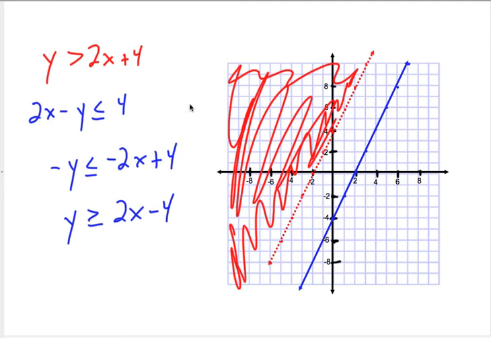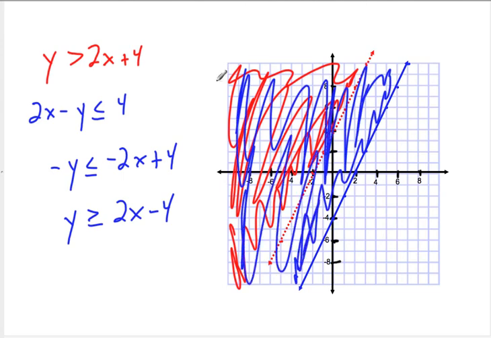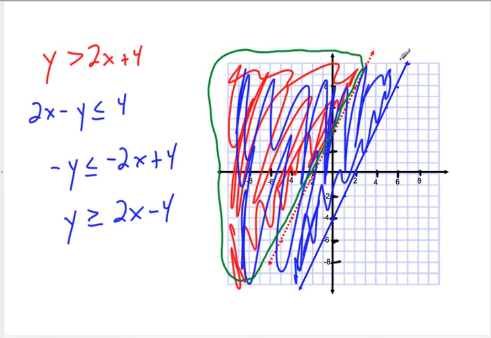There we go. And the shading is going to be above because 0, 0, 0 is greater than -4, so that works. So that's everything above. So the intersection part is right here, and we will not include the red line because it's dotted. So any point in that section would be a solution to the system of inequalities.